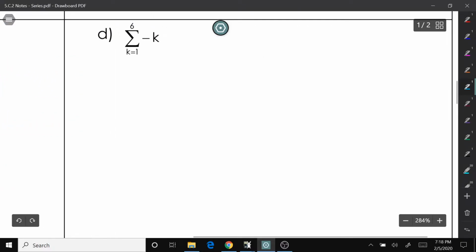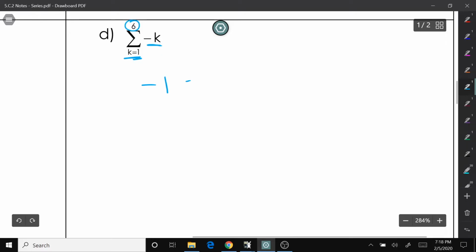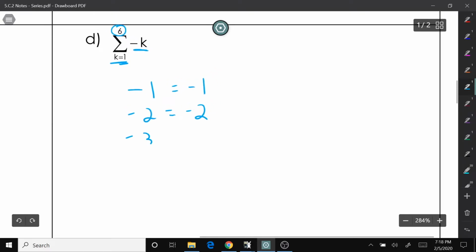This one is just negative k. And we're going to start by plugging in 1 and going up to 6. So negative 1, well, that just equals negative 1. Negative 2 equals negative 2. So you can see that this is just going to be the same pattern.